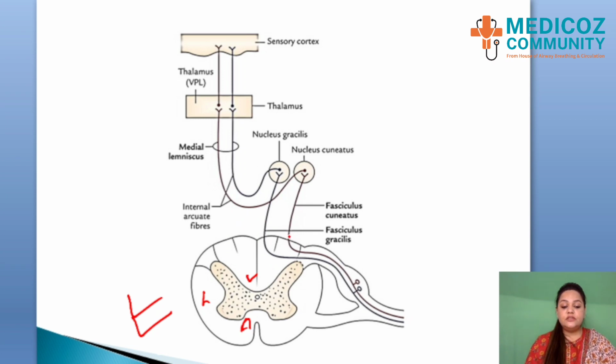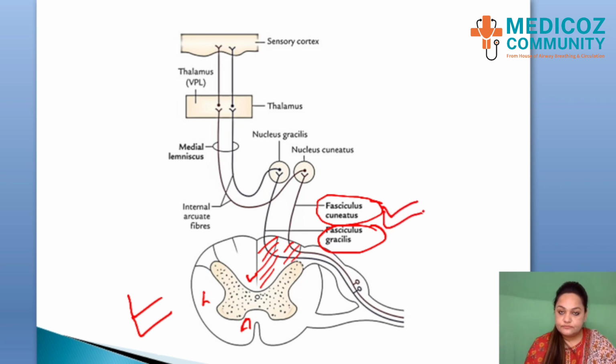So within the posterior white column, because it is specified in the question, there is an injury to the lateral part of the dorsal column. In the posterior white column we have two tracts, fasciculus cuneatus and fasciculus gracilis. Fasciculus gracilis occupies the medial part and the lateral part is occupied by the fasciculus cuneatus.